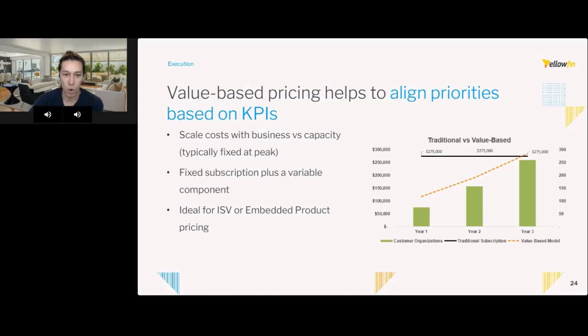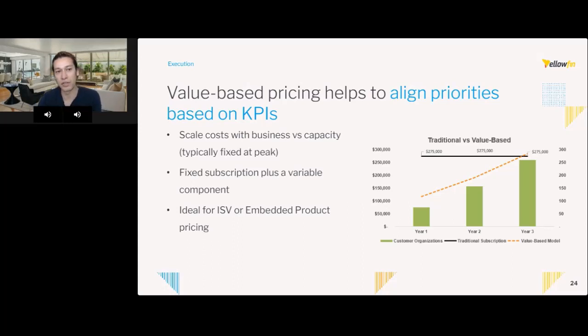Likely year four, they would have more than 300 organizations, just given the growth rate there, and need to renegotiate that contract. But value-based pricing is more scalable and allows the company to really forecast their costs as their growth rate changes. So this is really an ideal pricing model for ISV and embedded pricing.